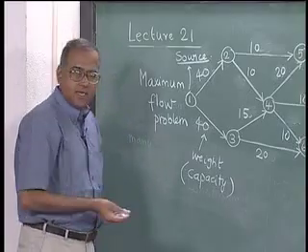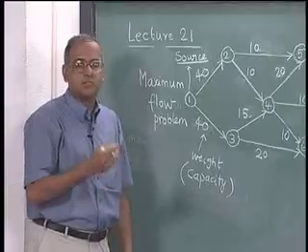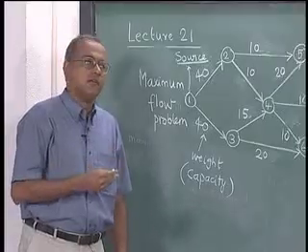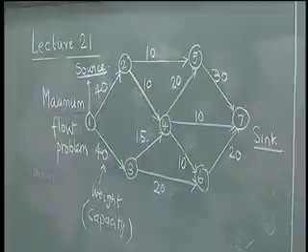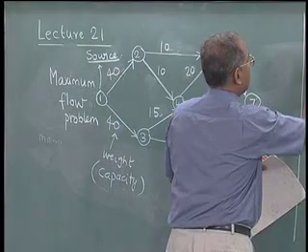Now, there are several paths and we could pick the paths in any order that we wish to choose. So, let us try an arbitrary order of choice of paths and see how much we can send through this. So, let us first try and look at the path 1, 2, 4, 5, 7.